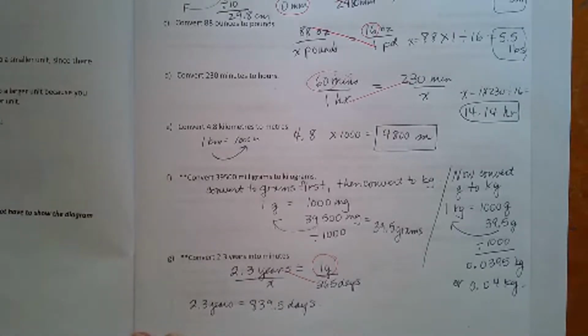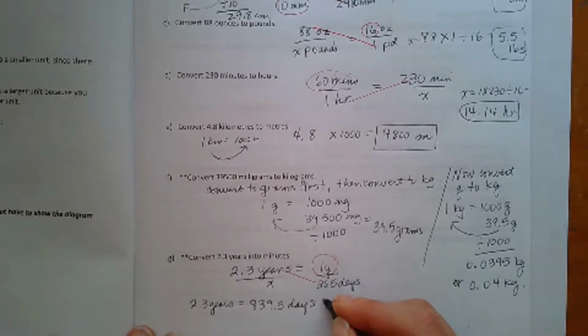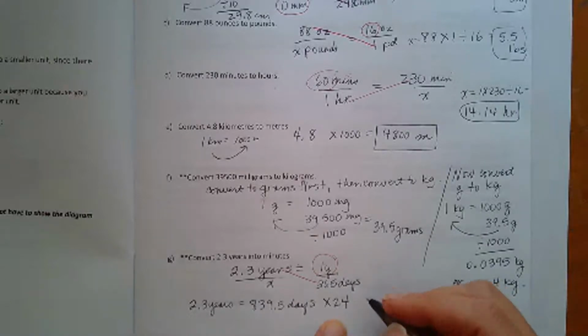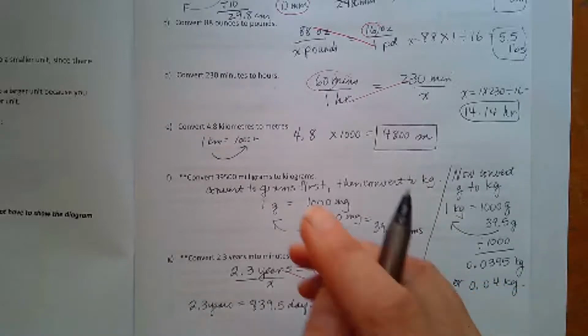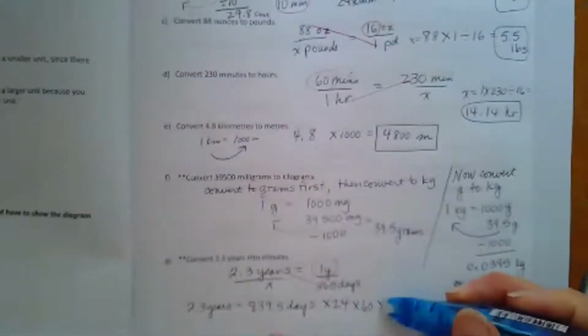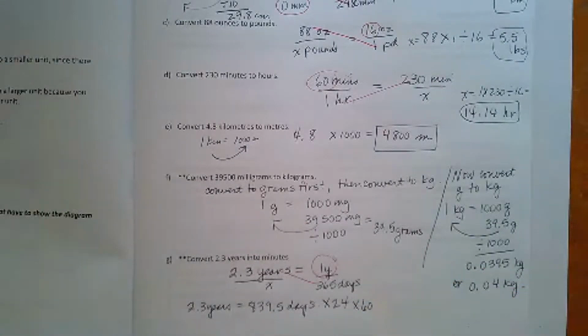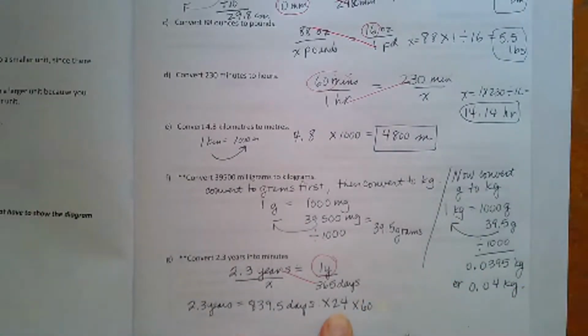And if I think about it, one day has 24 hours. So if I multiply by 24 hours, I'll get the number of hours. And if I multiply by 60 minutes, I'll get the number of minutes. Oops. And that's all they wanted me to do, right? They just wanted me to figure out how many minutes it is. So I'm converting this into hours and this into minutes.